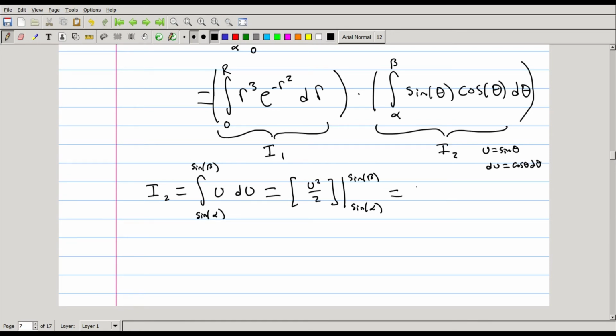And this is going to be sine squared of beta minus sine squared of alpha over 2.